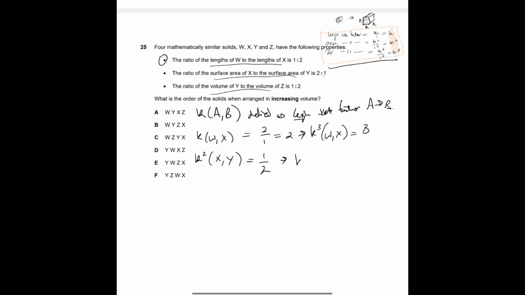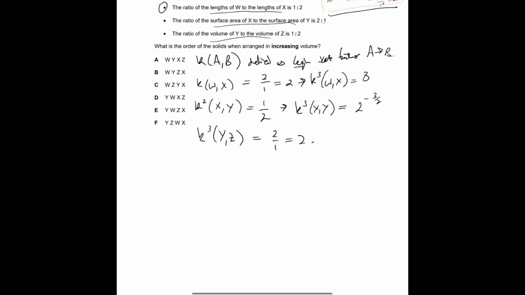So that means that k cubed from X to Y, the volume scale factor, is going to be 1 over 2 to the 3 over 2. So basically we can write that as 2 to the minus 3 over 2. And then k cubed from Y to Z, the volume scale factor, is going to be 2 over 1, which is just 2.